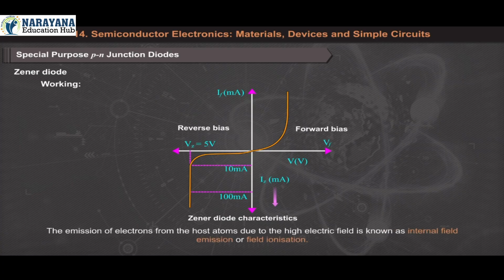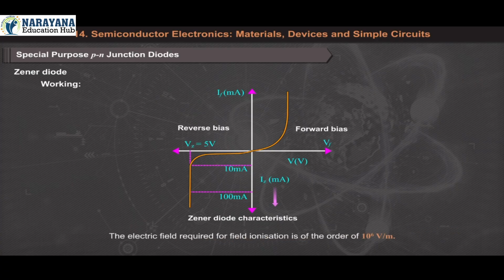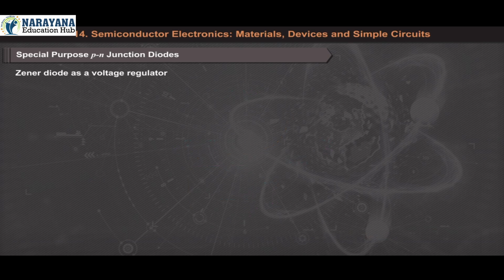The emission of electrons from the host atoms due to the high electric field is known as internal field emission or field ionization. The electric field required for field ionization is of the order of 10⁶ volt per meter. Zener diode as a voltage regulator.